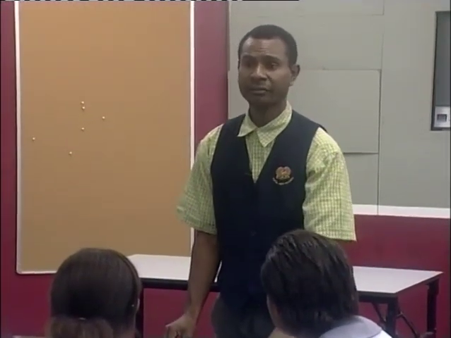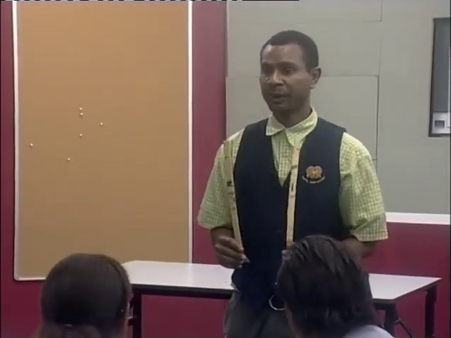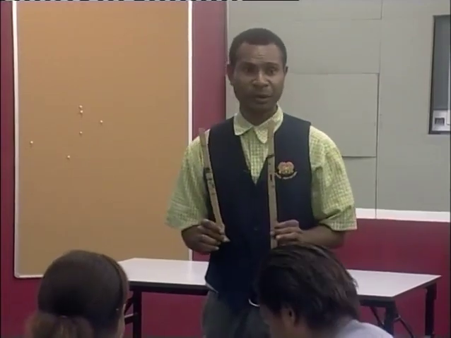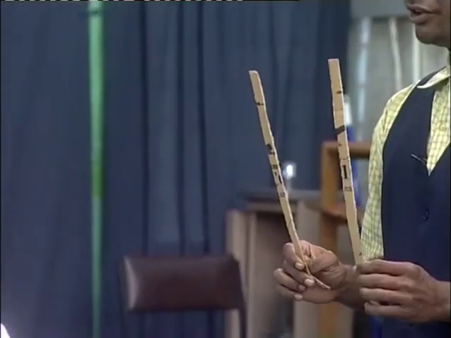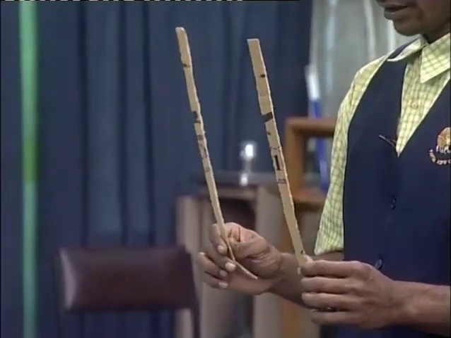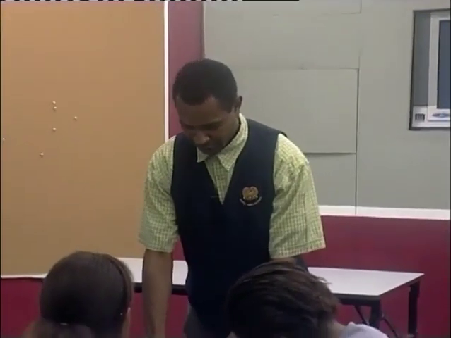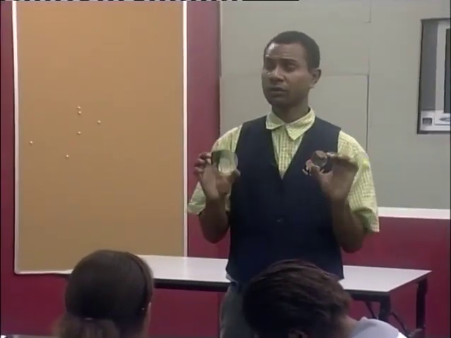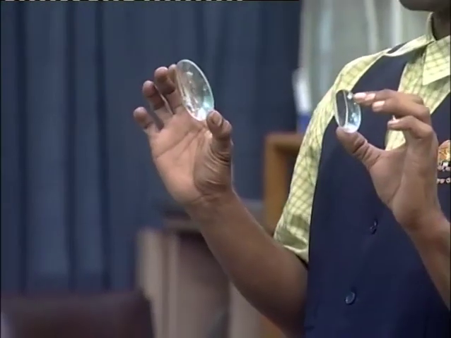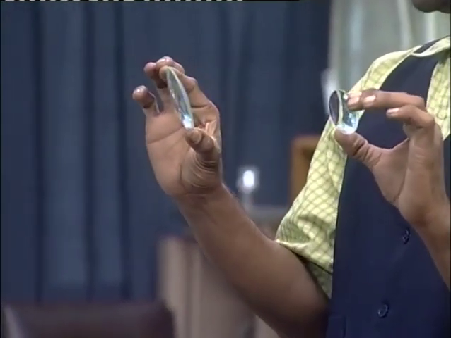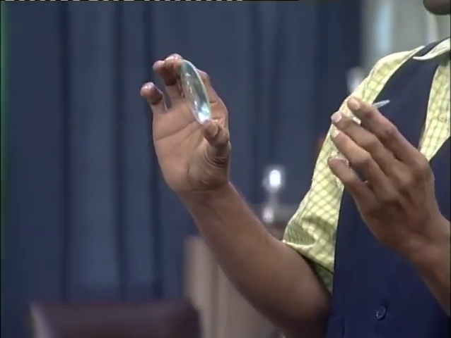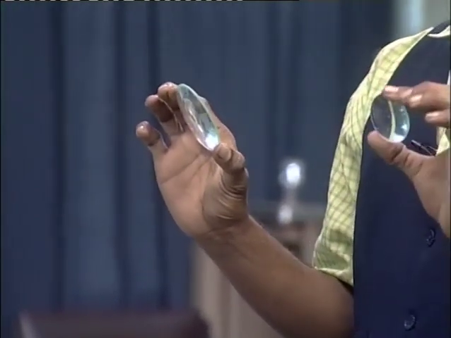You also have two strips of hard cardboard, two convex lenses, a smaller one and a bigger one.